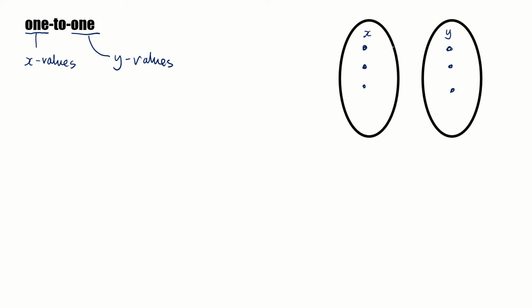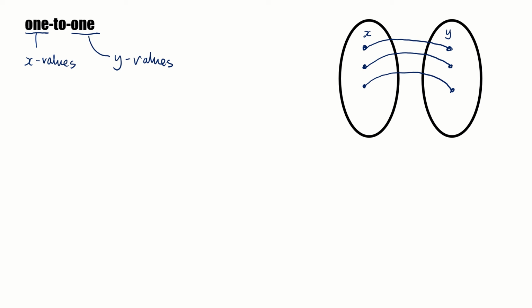So for a one-to-one mapping, one x value, one point over here, goes with one of the points over here. A different point goes with a different point in the y set. And a third point is also one x value going with one different y value. That's going to be the case for all the values in a one-to-one mapping: one x value goes with one y value.